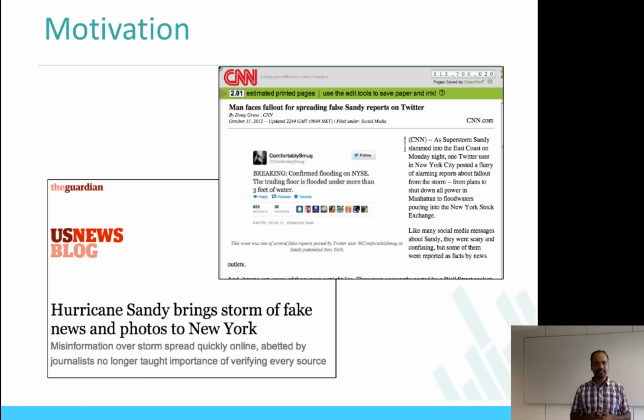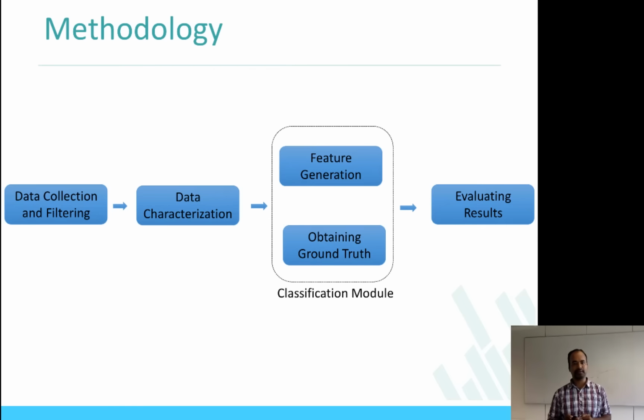So particularly for Hurricane Sandy, there was also an effect of this fake information going around on Twitter. Hurricane Sandy brings storm of fake news and photos of New York. Man faces fallout for spreading false Sandy reports on Twitter. These are some incidents which happened around the event Hurricane Sandy.